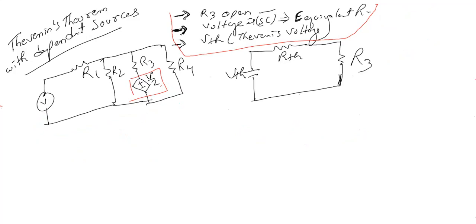But for dependent sources, both of them have infinite resistance. Hence they also need to be considered while calculating Thevenin's theorem. So it should be considered.